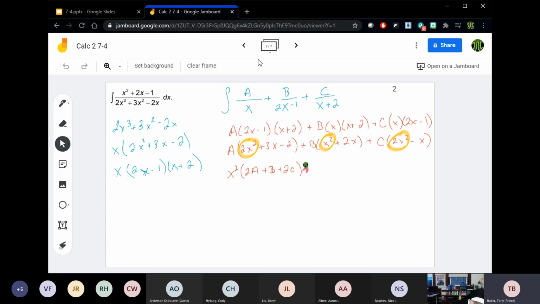Now I want my x term. So x is going to be 3A plus 2B minus C. And my constant term is going to be minus 2A.